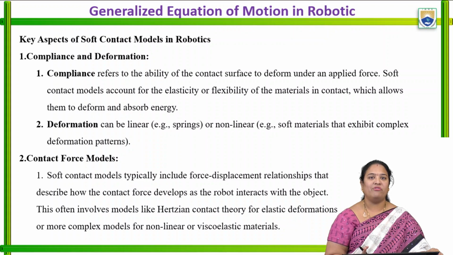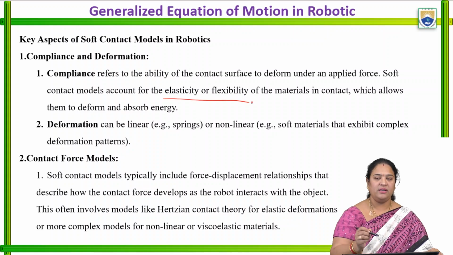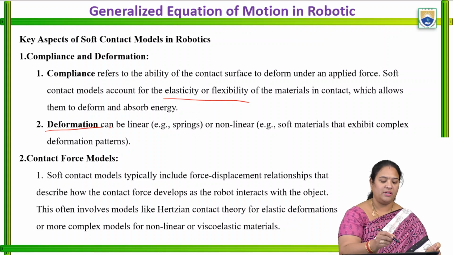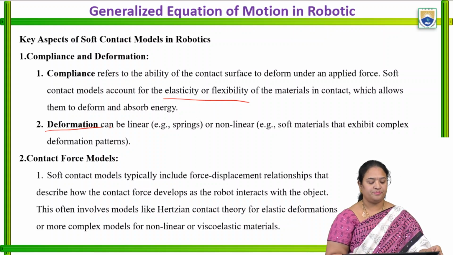The soft contact model is used for the elasticity or flexibility of the material, where we use deformation and absorbed energy, or when we come across a spring or soft materials, then deformation is taken into account.